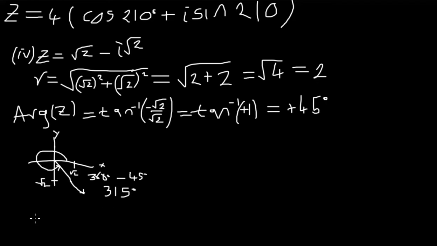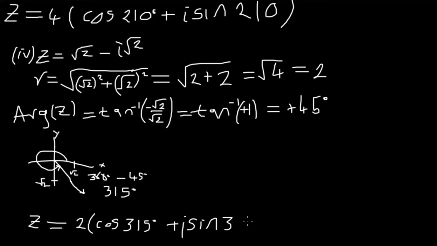So you write your complex number now in this form. z is equal to, in the polar form, our r there is 2, so you write your 2 there, then open brackets, then cos 315 degrees, and then plus I sine 315 degrees.